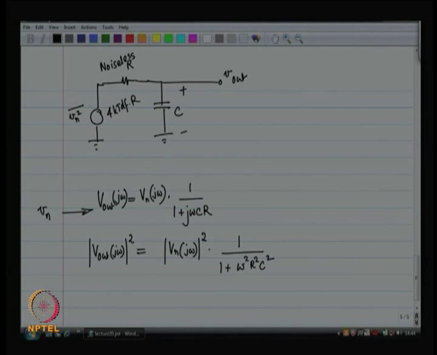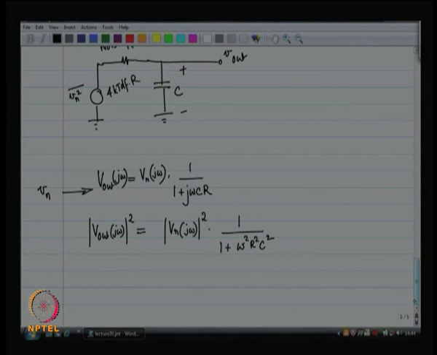And Vn of j omega magnitude squared is what?